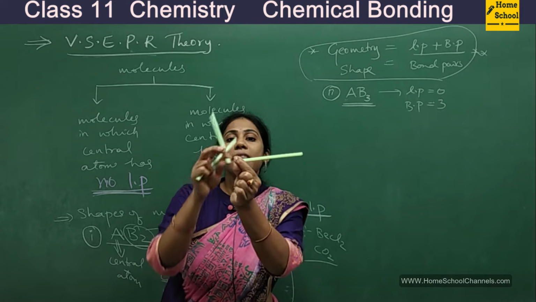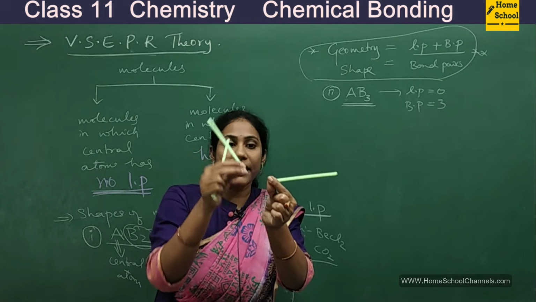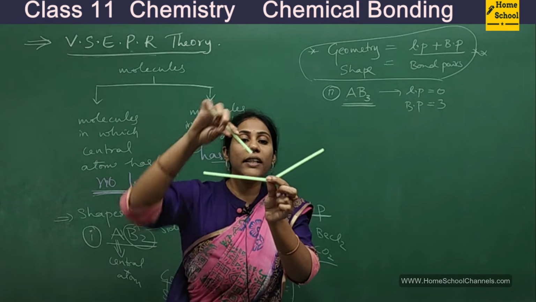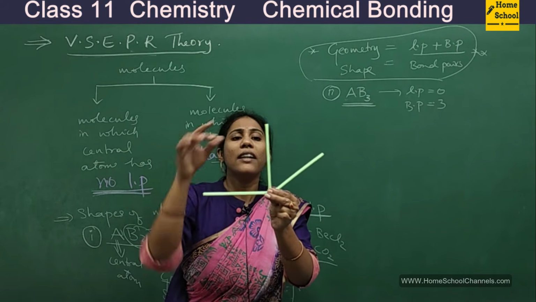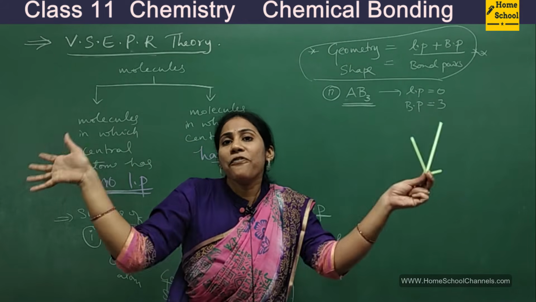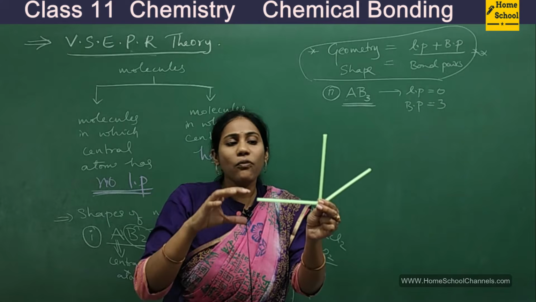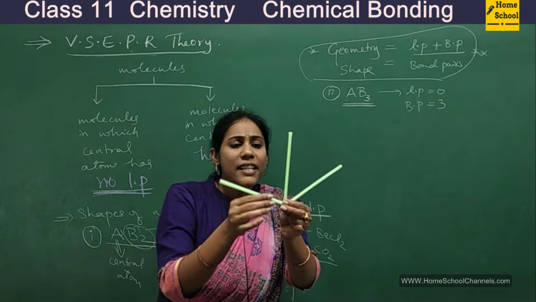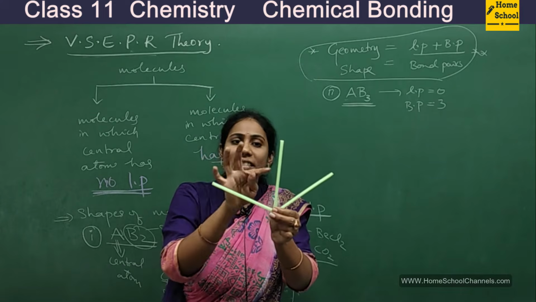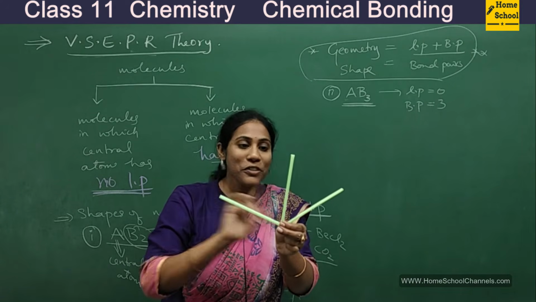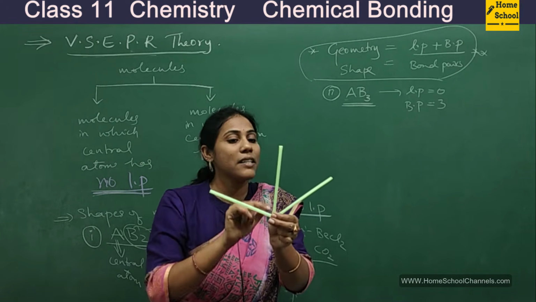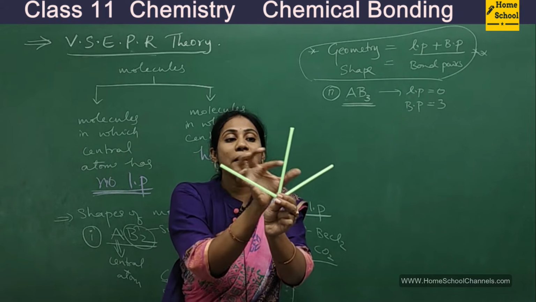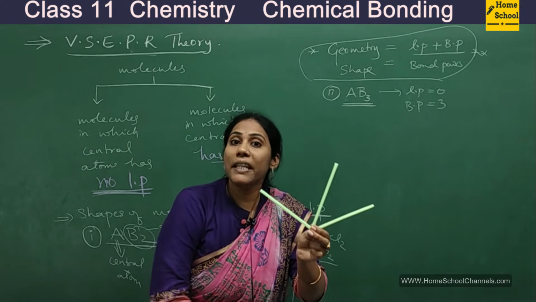If my finger is the central atom, then it is holding 3 bonds. The condition is they must stay far away from each other. If I arrange the 3 bonds like this, can you avoid repulsions? No, repulsions will be maximum because the distance between the bonds is minimum.